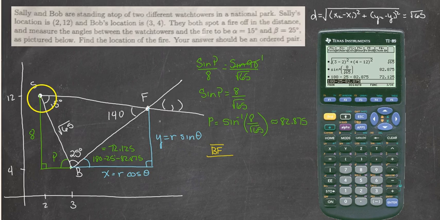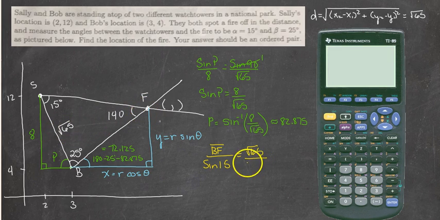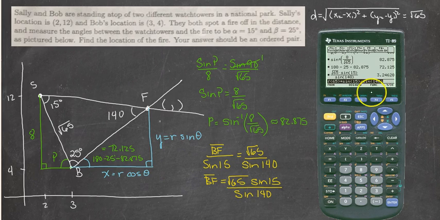I'm going to use sine of 15, in the same way that the length root 65 across from the sine of 140. Solve for BF equals root 65 times the sine of 15 over the sine of 140. And that is 3.246.